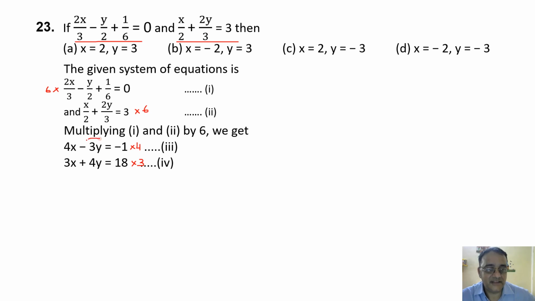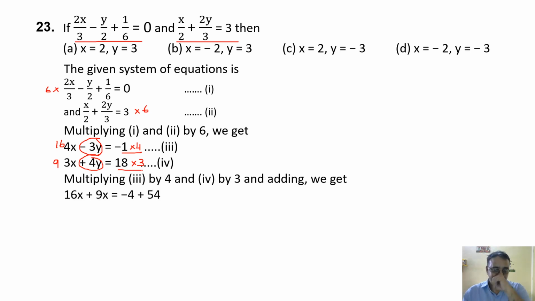So these two will be cancelled. ये minus 12y और ये plus 12y हो जाएगा. और ये कितना होगा? 16 and this will be 9. Right. So these two will be cancelled and we are getting 16x plus 9x is equals to minus 4 plus 54. Whether this is clear? Yes, sir. Okay. So that means 25x is equals to 50.